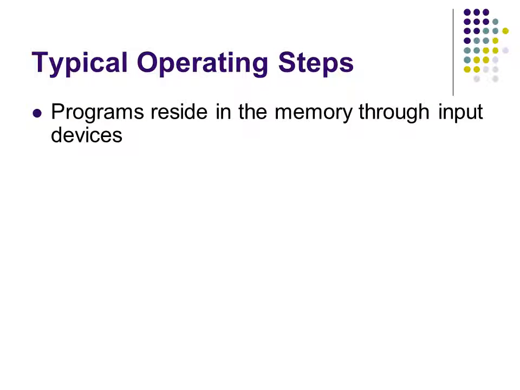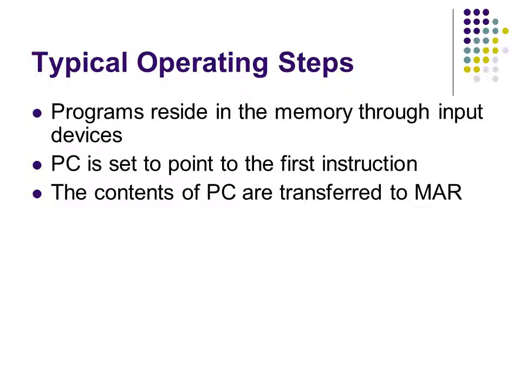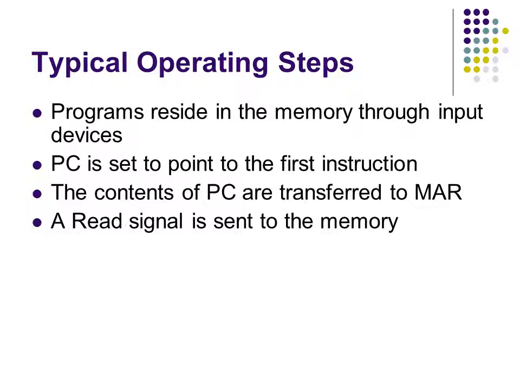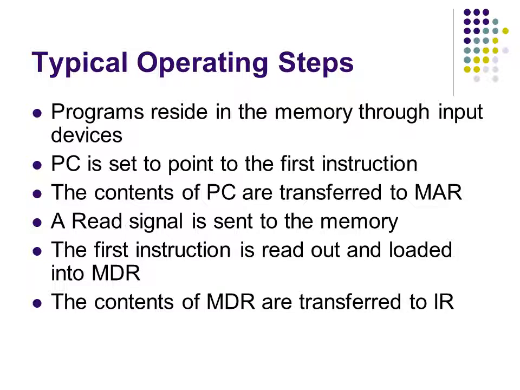Generally the programs reside in the memory through the input devices, and the program counter is set to point to the first instruction. Now the contents of the program counter are transferred to the MAR. The MAR generates a read signal and sends it to the memory, and the first instruction is read out and loaded into the MDR.